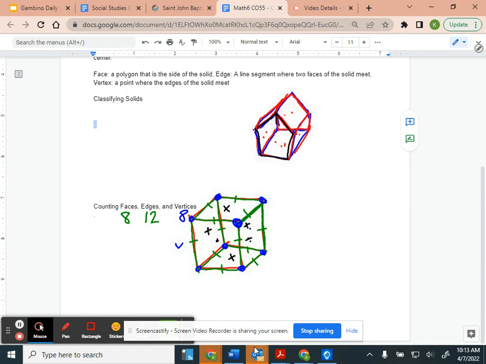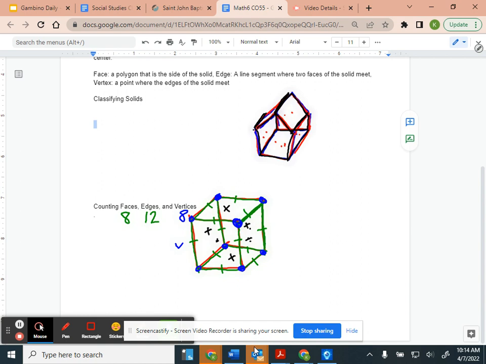So we know there's going to be 1, 2, 3, 4, 5 in the back. 6 connecting it on top, 7 connecting this side, 8 connecting that side, 9, 10.